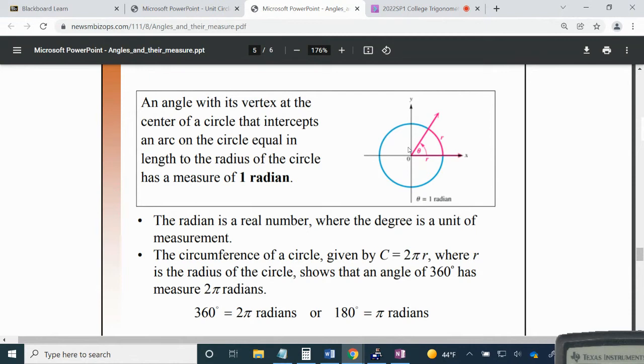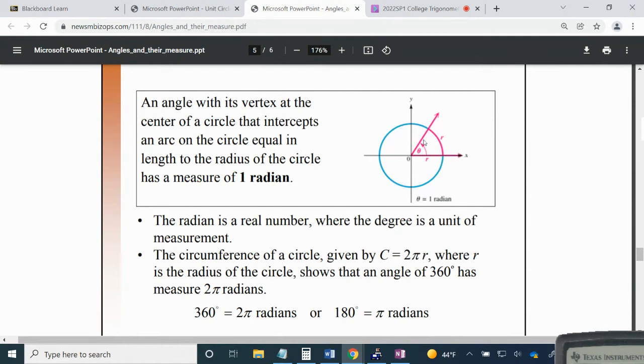So we'll be looking at things such as theta, which is the Greek letter theta. We're also going to look at beta, alpha, gamma. Any variable in trig will be written as a Greek letter of the alphabet. In this case, this is theta, and theta simply means an unknown angle measure.